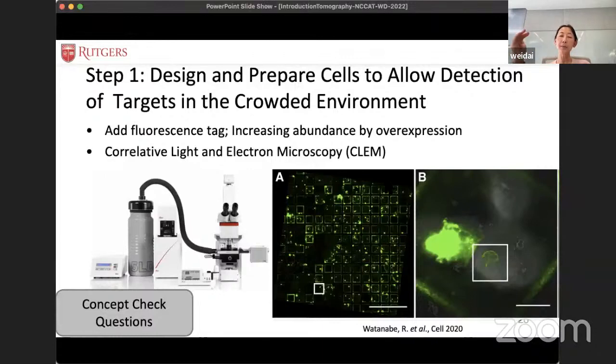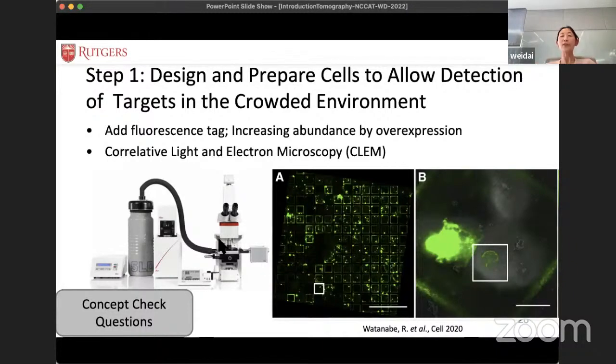And then they overexpressed those proteins inside the cell, plated the cells, and then loaded the grid into a unit called a correlated light and electron microscope, CLEM. And the picture I showed here is a Leica model we have at Rutgers.